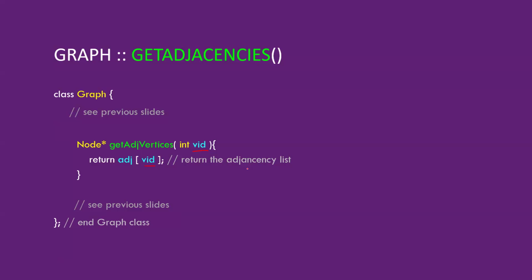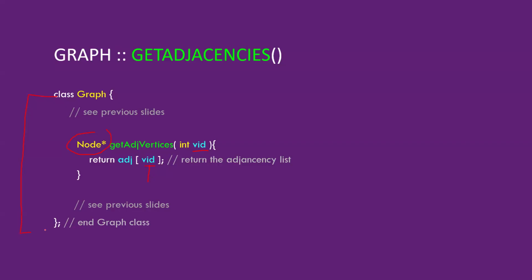And that is a linked list head pointer, okay? It's a pointer to the head of the linked list at this location of my adjacency array. So now I could recursively just follow through all of those adjacencies. And that's exactly what we're going to do today.